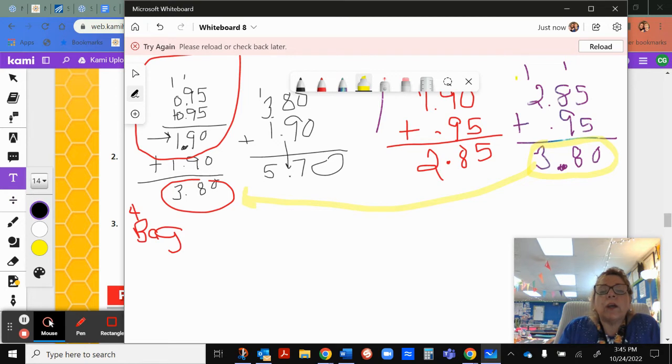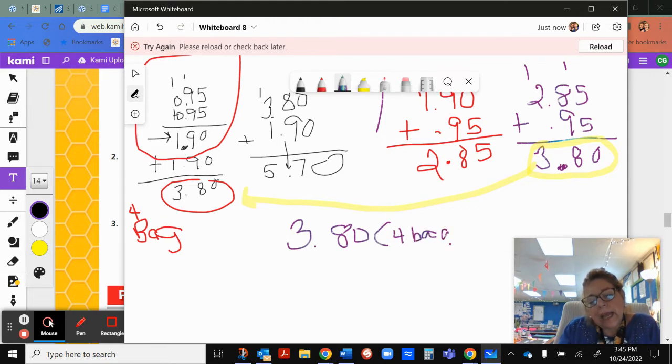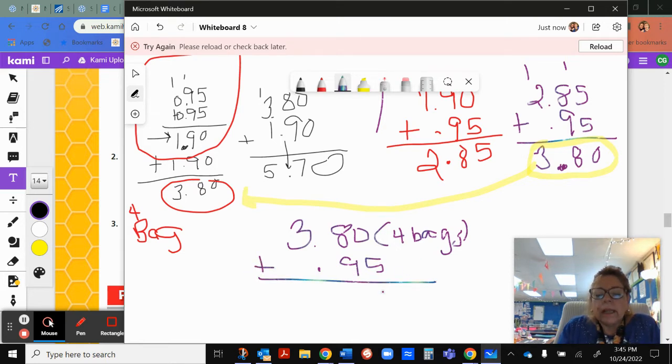So now let me go back over and add in $3.80, which is the cost of 4 bags. And I'm going to mark this out here, 4 bags. I need to add the cost of 1 bag to this. So I'm going to put 95 cents. And that's 5.